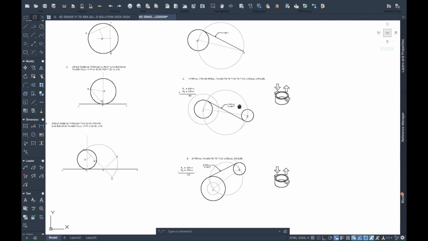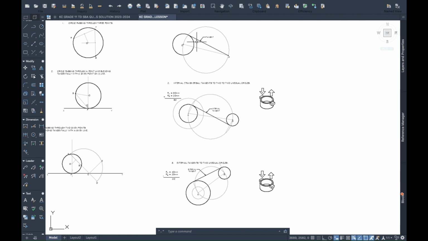All right. So we have looked at a tangent connecting a circle from a given point away from the circle. We also constructed the internal or transversal tangent to two unequal circles, and we have now also constructed the external tangent to two unequal circles.